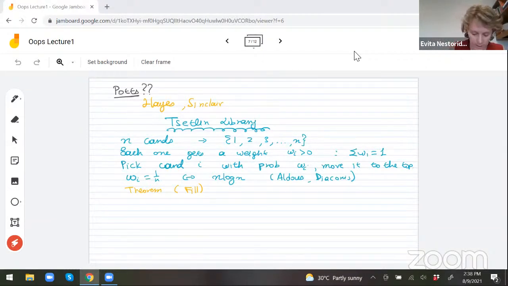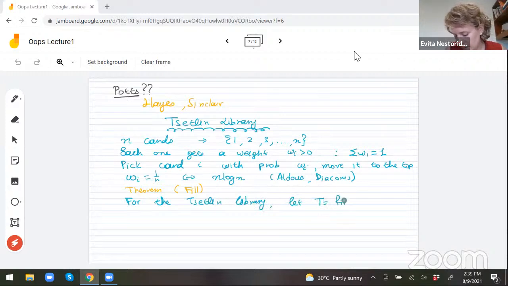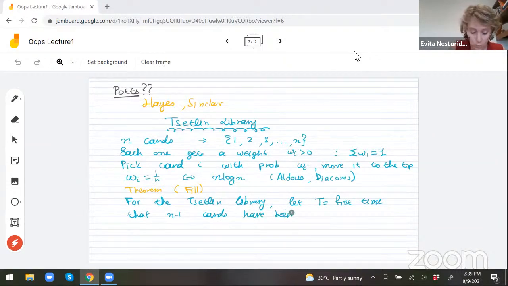So again, we have the separation distance. And what Fill's theorem says is that for the Tsetlin library, let T be the first time that n-1 distinct cards have been selected.